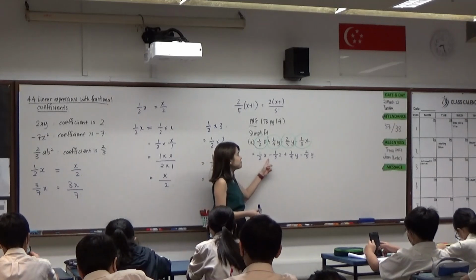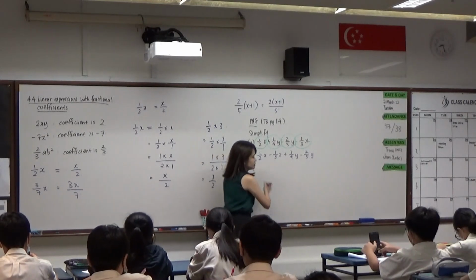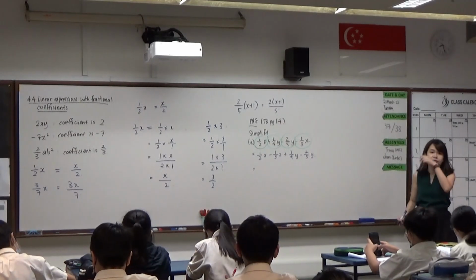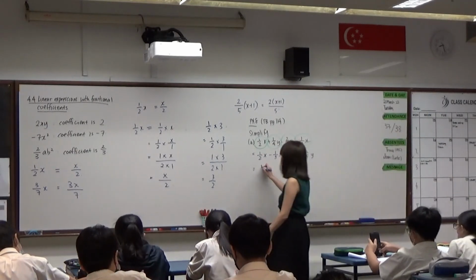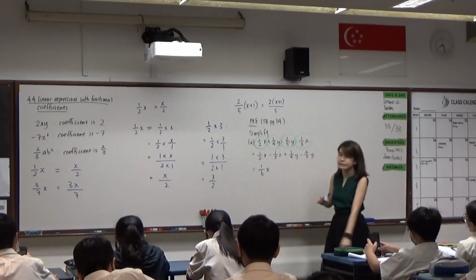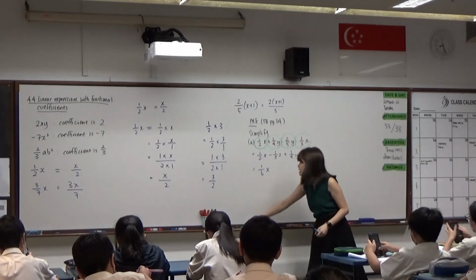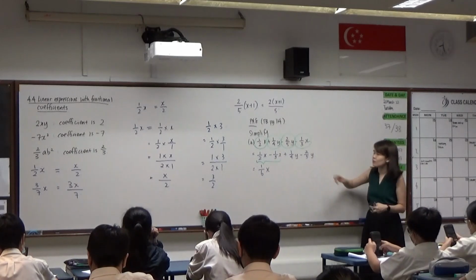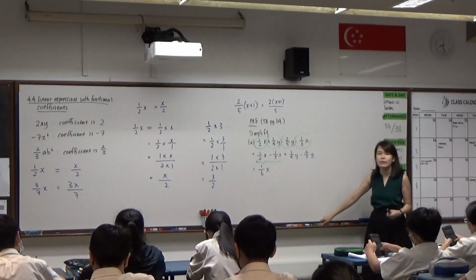So we take half minus 1/3, what do we get? 1/6, so 1/6 x is what we have over here. And then for the next part, we have 1/4 minus 2/5.